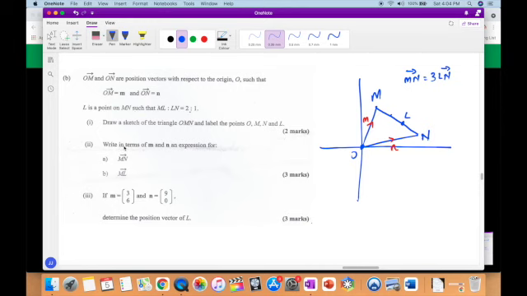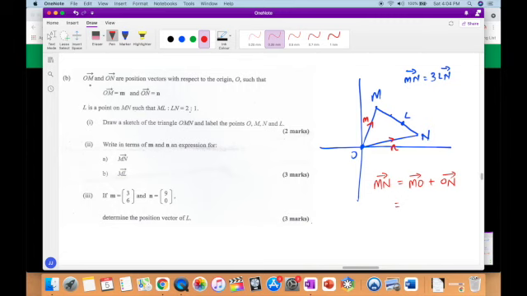Write in terms of m and n the expression for MN. Well, MN, triangle law. MN is really if I drive from M to O, and then I drive from O to N. You see the O's cancel off there, right?